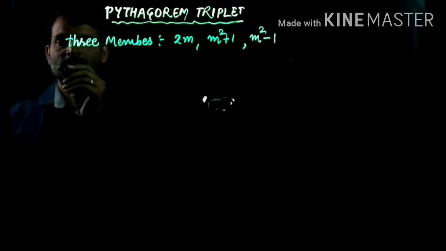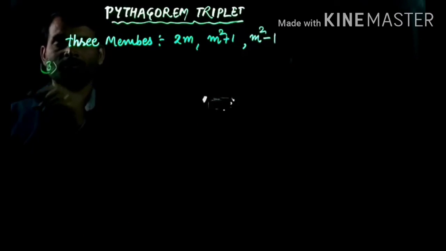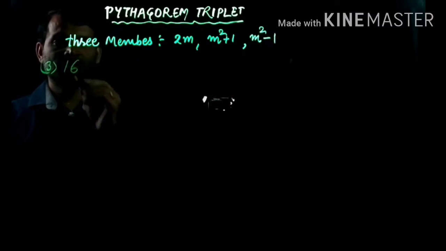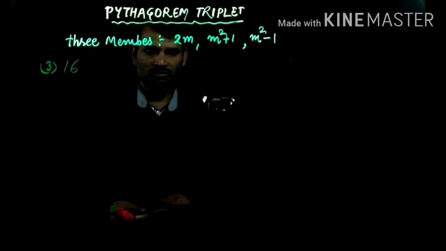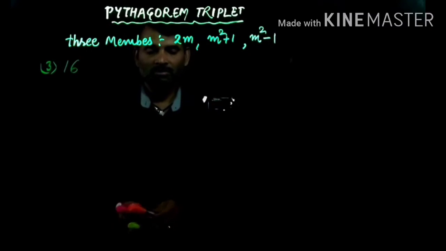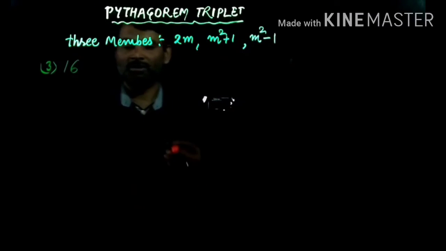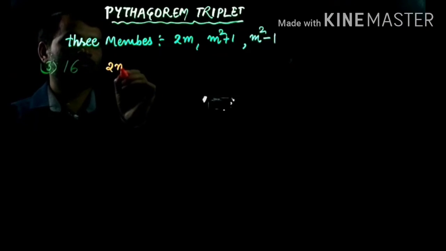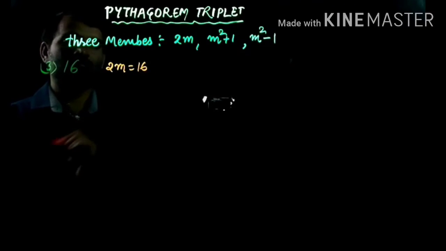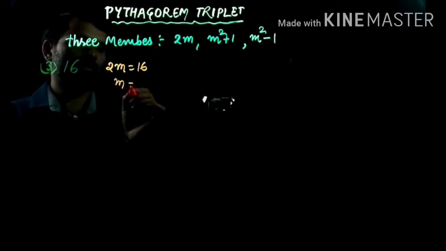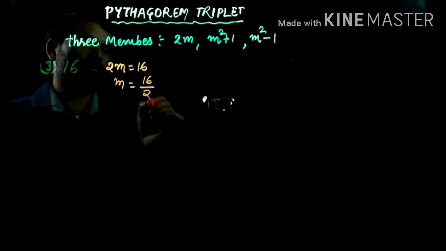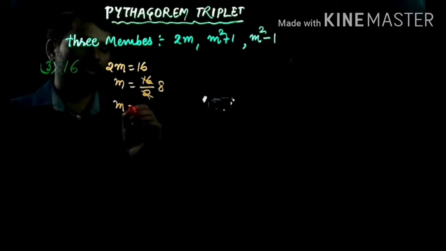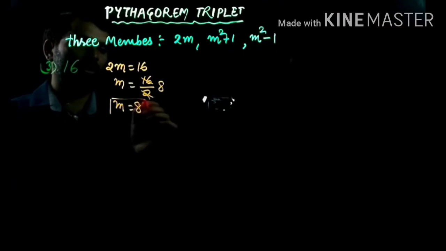In question number 3, the given number is 16. Find the 3 members of the Pythagoras triplet. First, compare the first member 2m is equal to 16, then m is equal to 16 upon 2, which is 8.